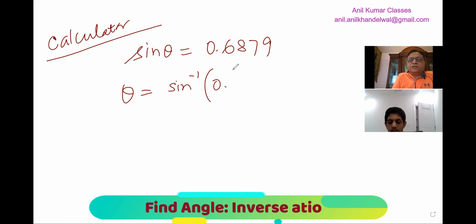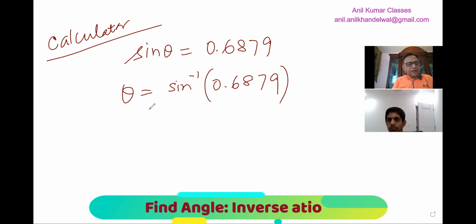So I would like you to see, do you have the calculator? Use the function sine inverse to find the angle theta. We know sine theta is 0.6879. The mode should be degrees, which is the default mode.